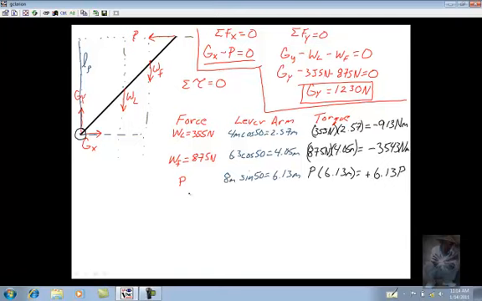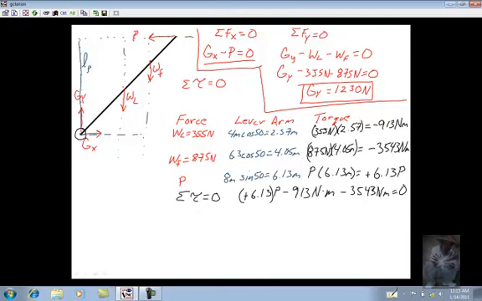So now we apply our equation that the sum of the torques should equal 0. I take all my torque values: positive 6.13 times P, subtract 913 newton meters, and subtract 3,543 newton meters, and that should equal 0.